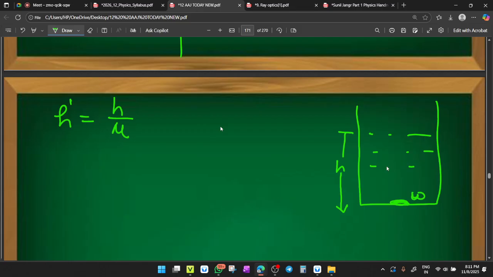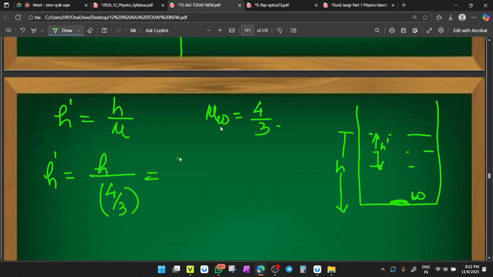What is the apparent depth h dash of this coin? The refractive index of water is 4 by 3, so h dash equals h divided by 4 by 3 in the case of water. So this will become 3 by 4th of h.